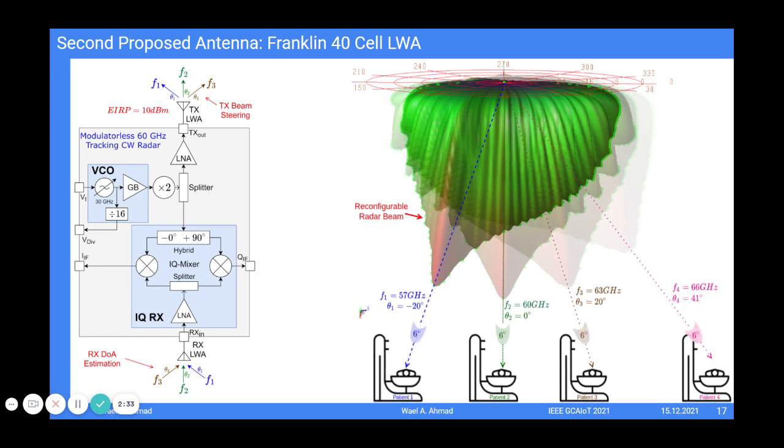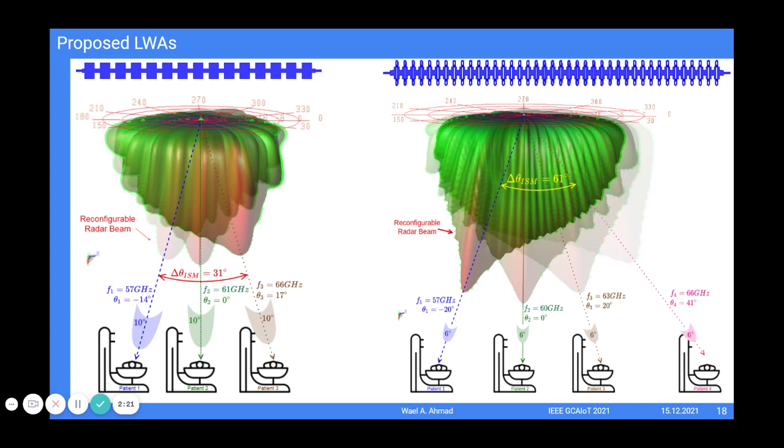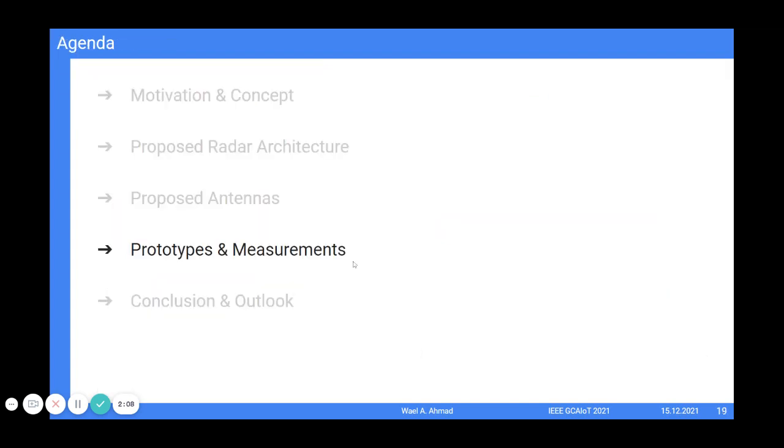So we are guaranteeing that no interference would occur between the adjacent patients. And we are covering 61 degrees scanning range from the ISM band. Here is a comparison between the two antennas. Of course, the 40-cell one is much more area consuming, but it covers wider angular range.